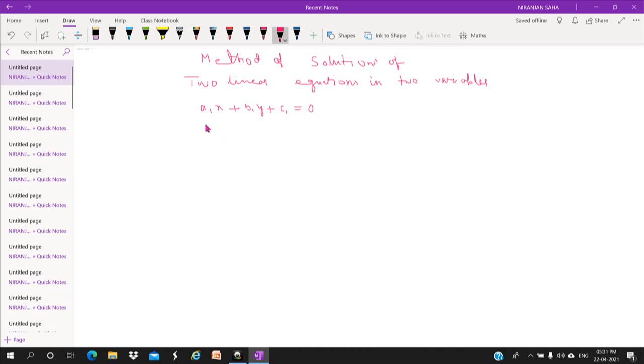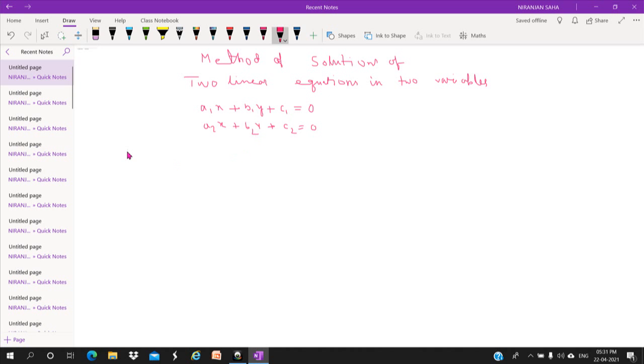The second equation is a2 x plus b2 y plus c2 is equal to 0. These are the two equations where x and y are variables, and a1, b1, c1, a2, b2, c2 are coefficients of these two equations.